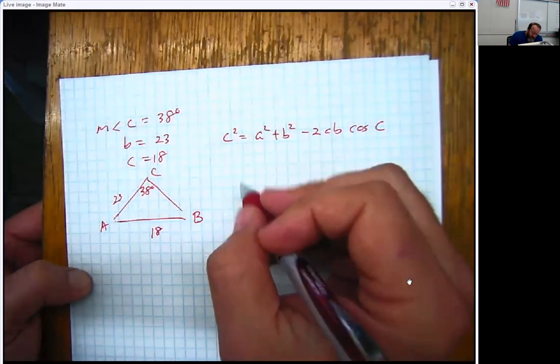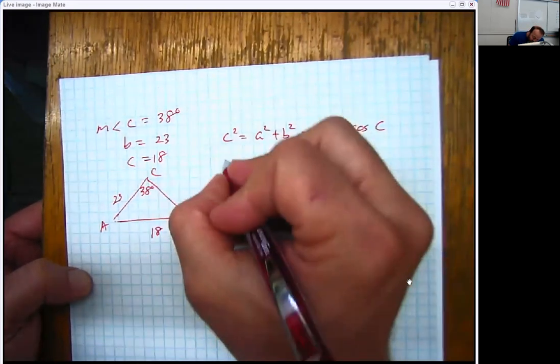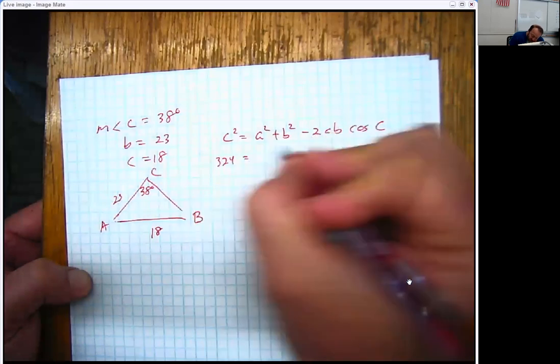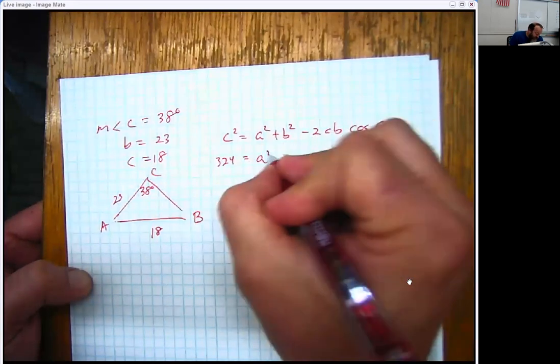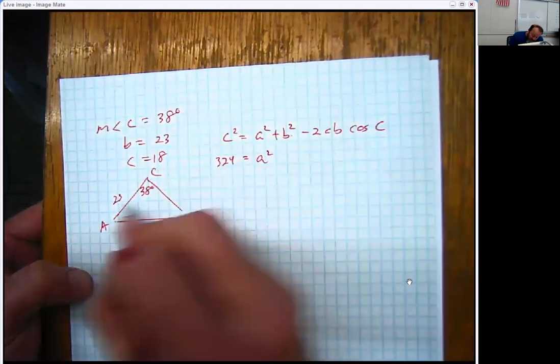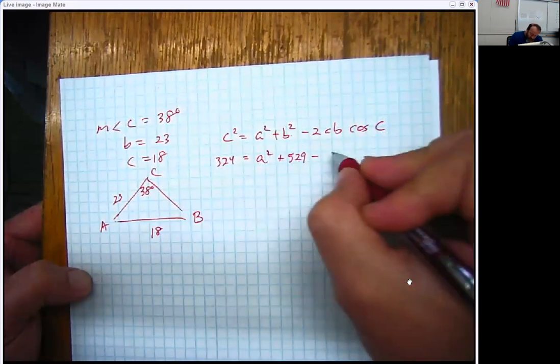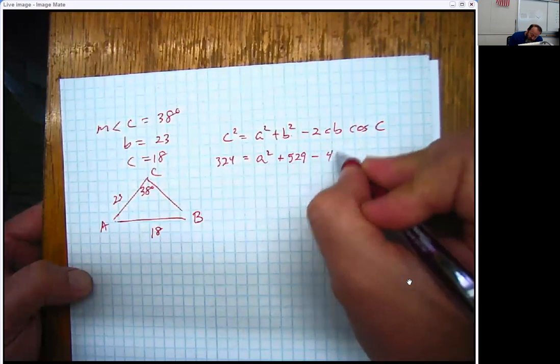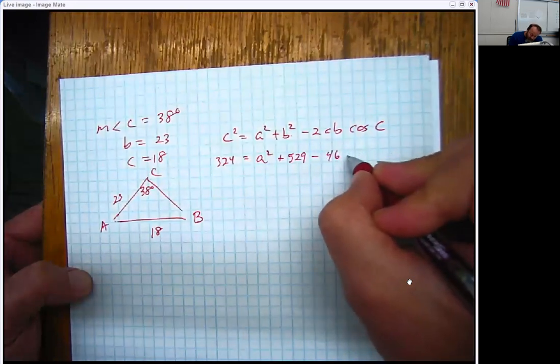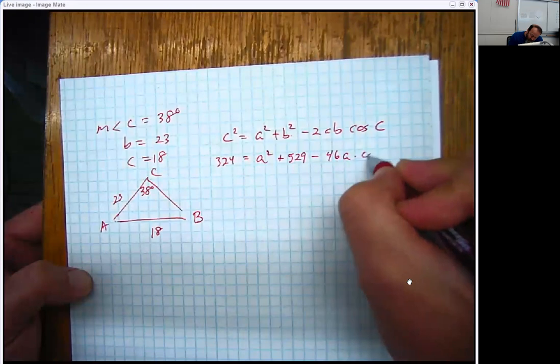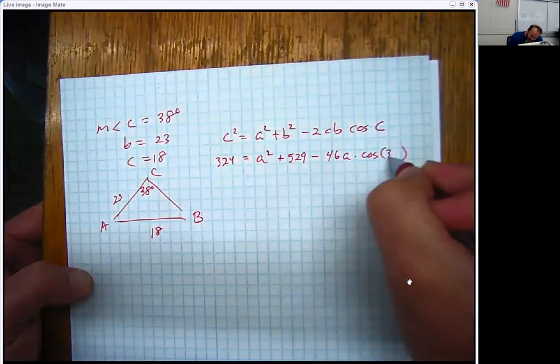So we're going to go with C squared, C being 18, so that's 324, equals A squared, which I don't know what A is, but I know that B is 23, so 23 squared is 529, minus 2AC, would be negative 46 times A times the cosine of C, which we knew to be 38.